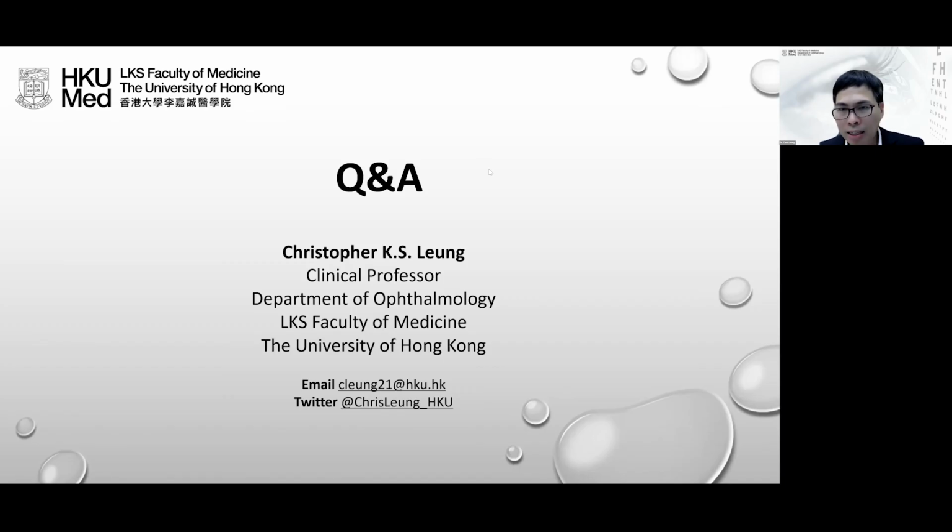The first question is: any method to quantify glaucoma nerve damage into mild, moderate, severe, and end stage? It's a good question. For visual field, we typically use mean deviation, MD, to classify mild, moderate, and severe. Better than -6 is classified as mild, between -6 and -12 is moderate, worse than -12 is severe.